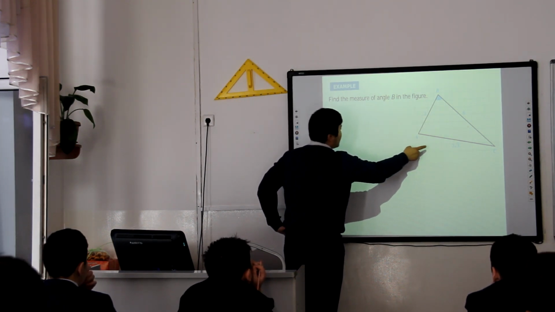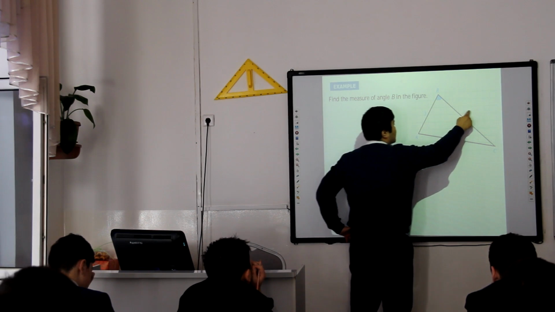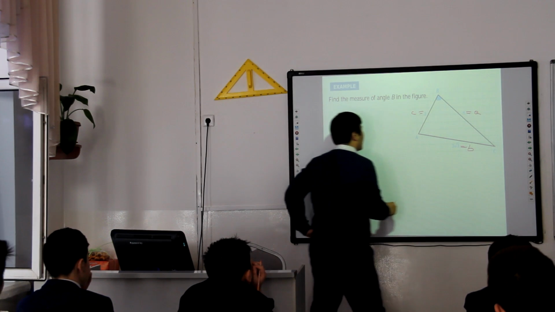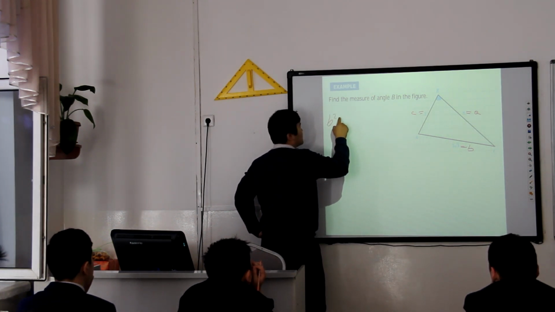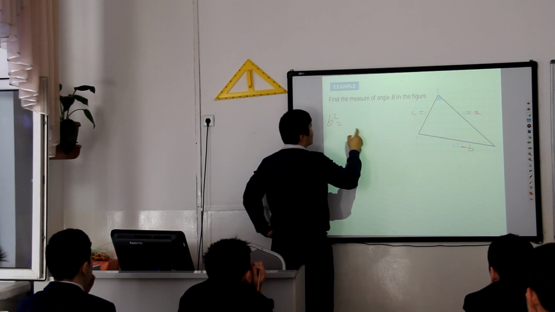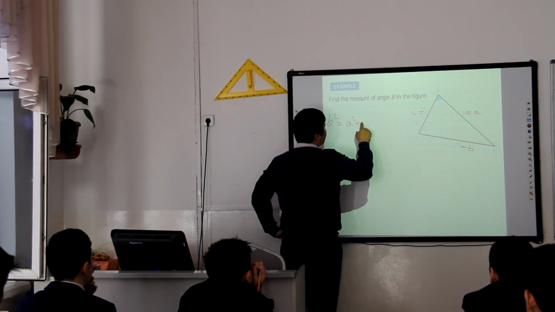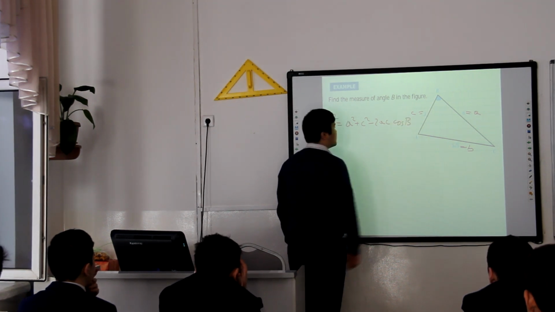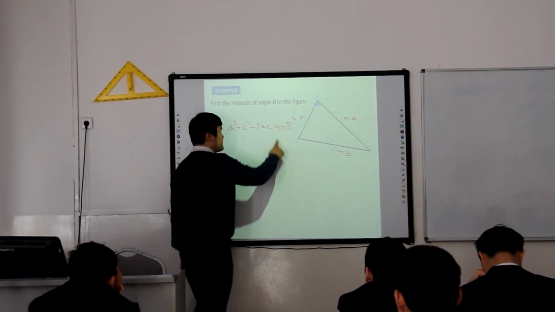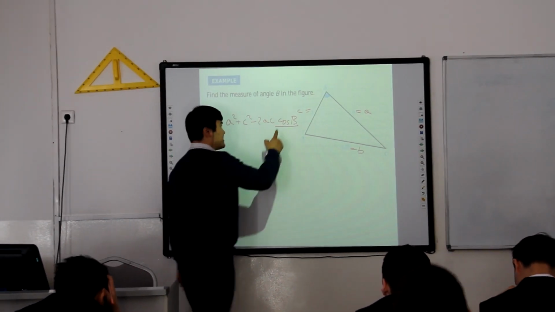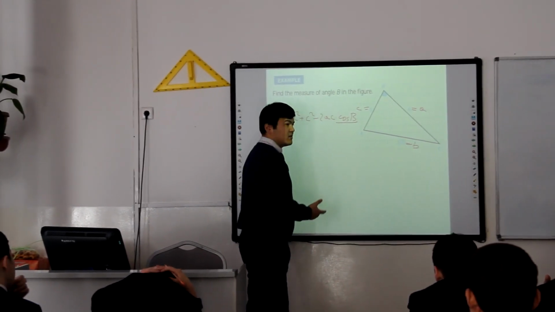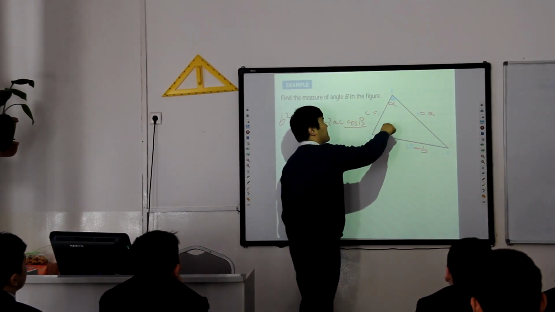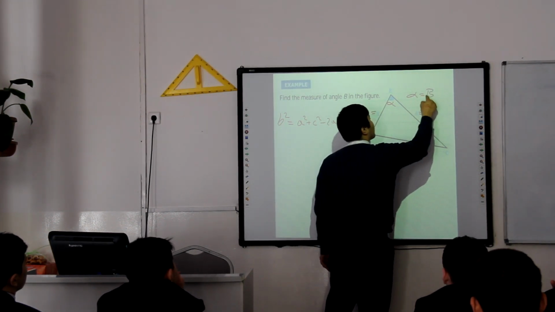Let this side be A, this side C, this side B. B squared is equal to A squared plus C squared minus 2AC times cosine B. Now we must find this cosine B, just the angle B. Let's take it as alpha, which is equal to B.